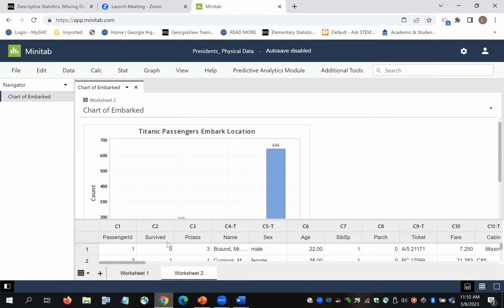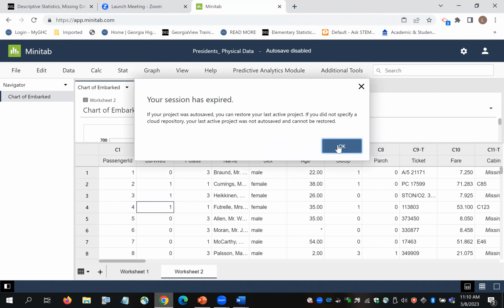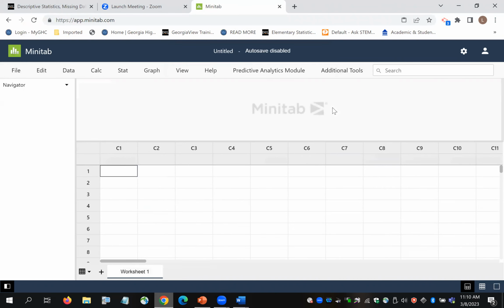So if I go back to the data set that we were using earlier this morning, I have to pick a quantitative variable, and I'm going to have to pull my data set back in again.